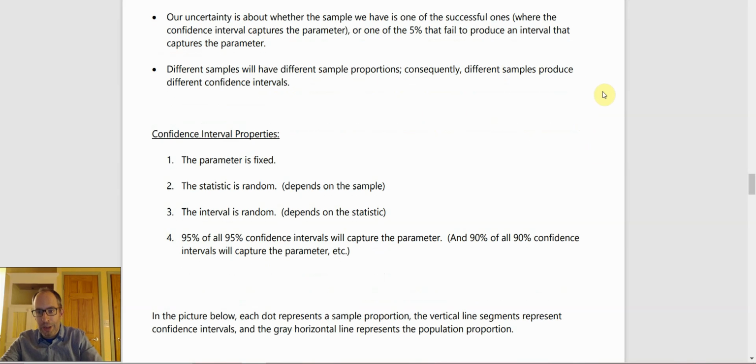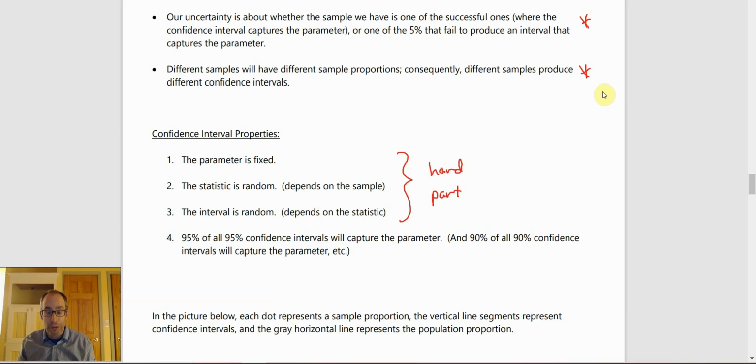So I guess in a theory sense, these two points right here are a big deal. This is the hard part right here. Specifically, it's these three. As a concept, this is the hard part because it feels like the parameter is the variable, because it's the thing that you don't know.